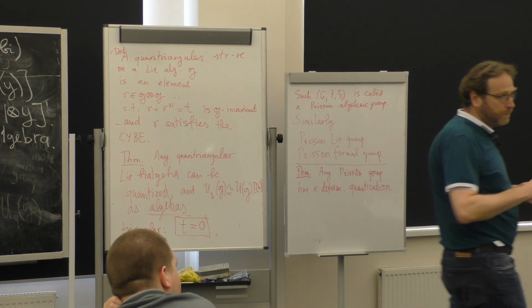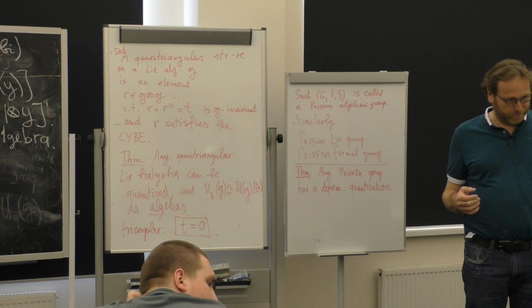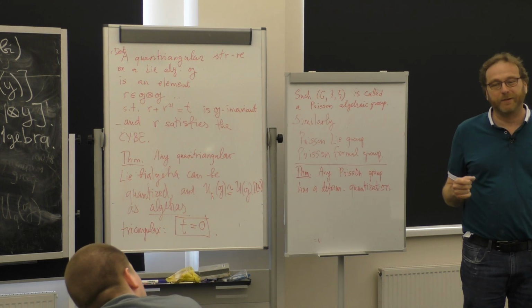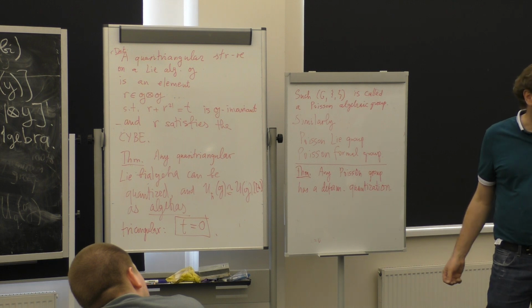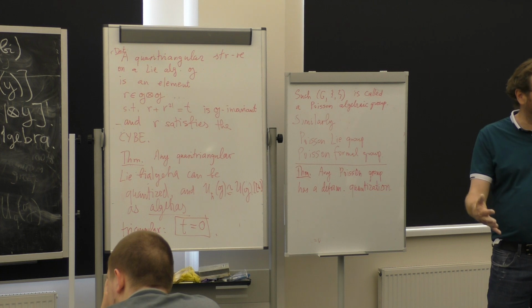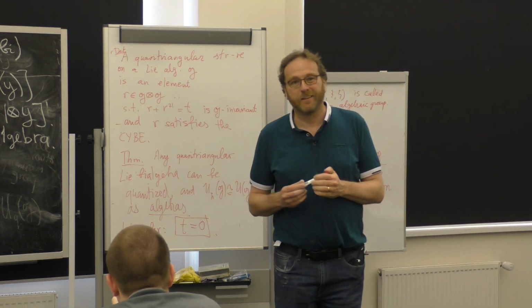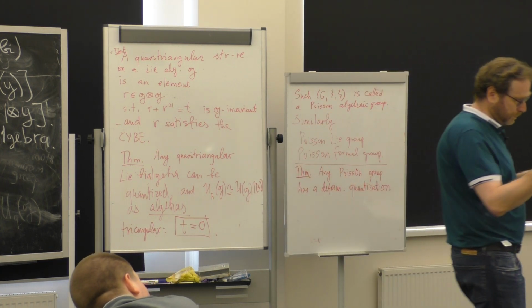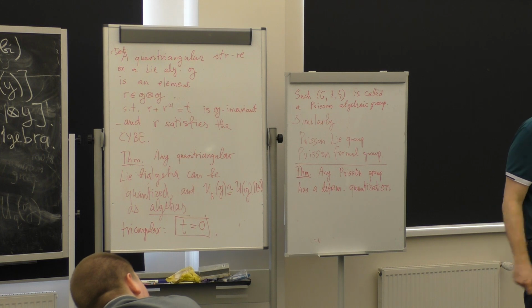I want to make one comment about Roman's comment. Actually, everything works in characteristic p, except that instead of the quantum double, you should use the classical double of the Lie algebra. And then you can get U of G from U of B, except that you will also get this mixed version between divided powers and without divided powers.